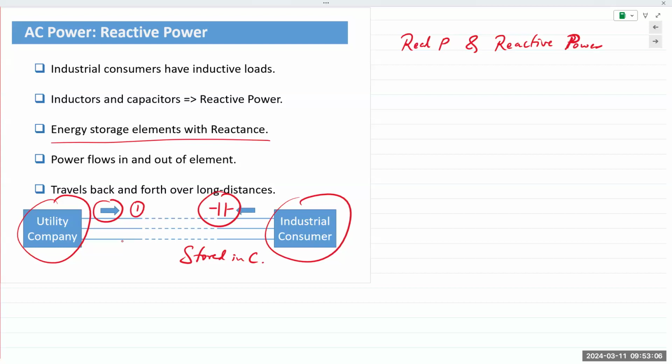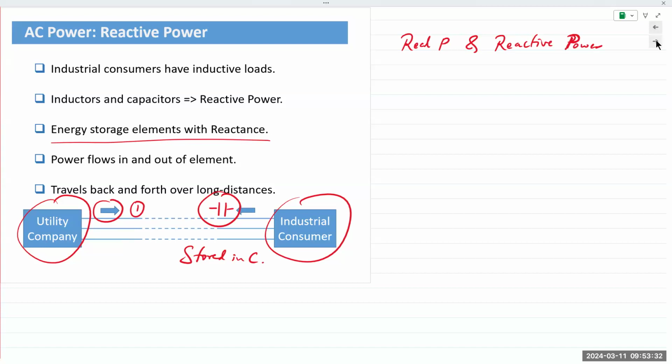So a big campus like Cal Poly or any industrial environment, if a big inductive load goes down, they have to work with the utility company to bring it back online in a staggered manner. Make sense?